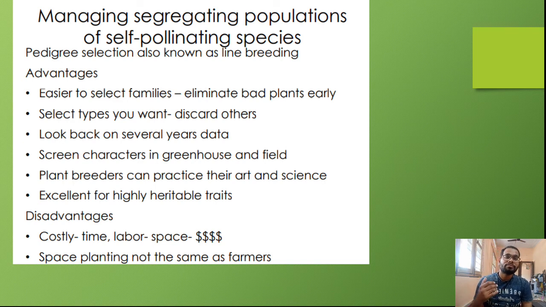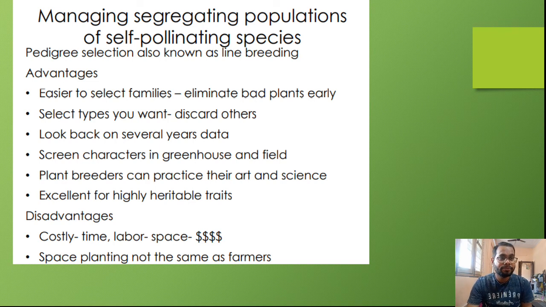Second, select the type you want and discard the others. This is a simple thing. We can also look back on several years of data, because we are maintaining the pedigree record from parent, F1, F2, F3 and subsequent generations. Since there is a record, we can also study the back parent: which parent I selected this from, or if something is forgotten, we can look it up.